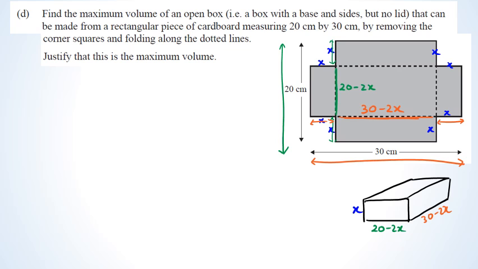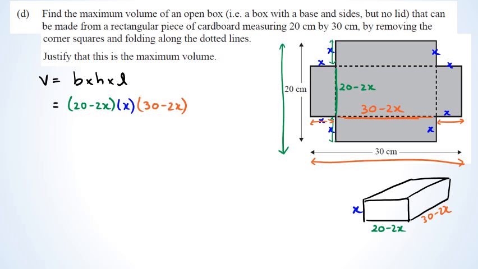And so we're asked to figure out what the maximum volume is. So we can say that volume is equal to base times height times length, depth, whatever you want to call it. So one of my bases is 20 minus 2x multiplied by the height, which in this case is x, multiplied by the length, which in this case is 30 minus 2x.